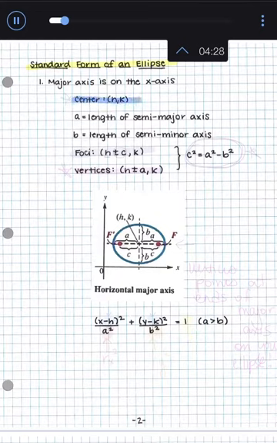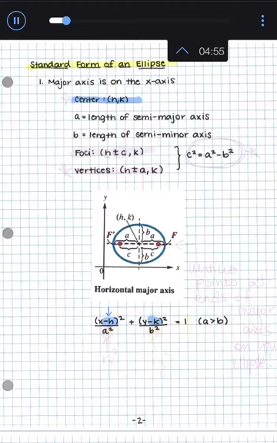And how do we find our center? Well, just like with circles, your center is going to be determined by what's sitting along with your x in the squared term and what's sitting along with the y in its squared term. But remember, just like with circles, it's actually opposite of what you see. So if you see a negative with the x's, that means you're actually going to move to the right.